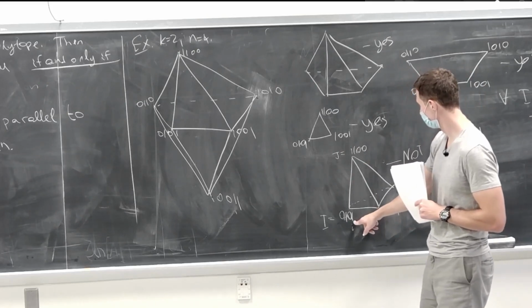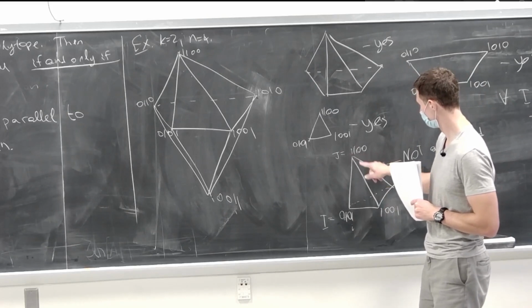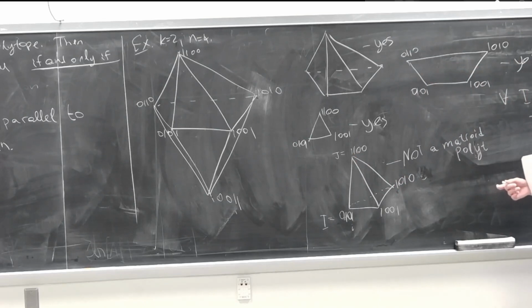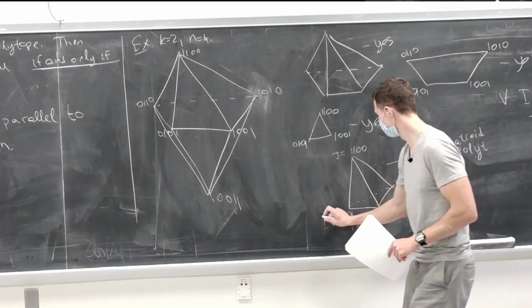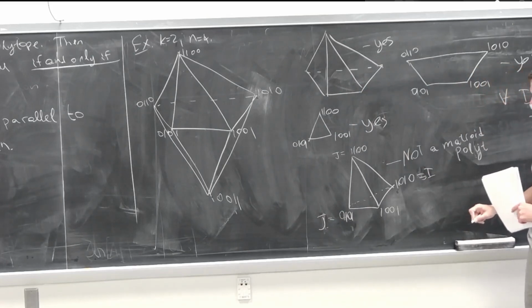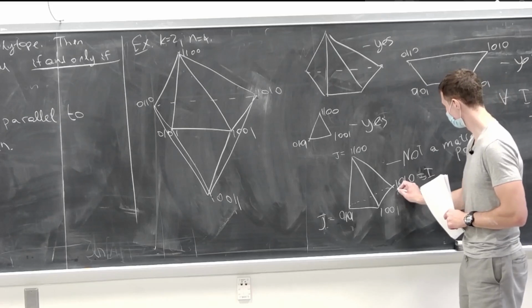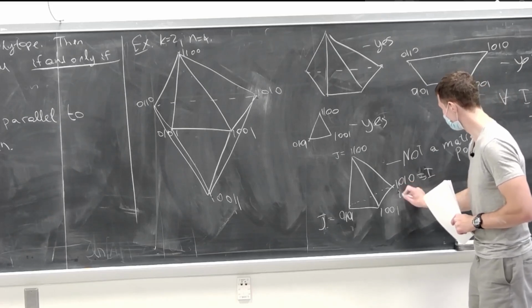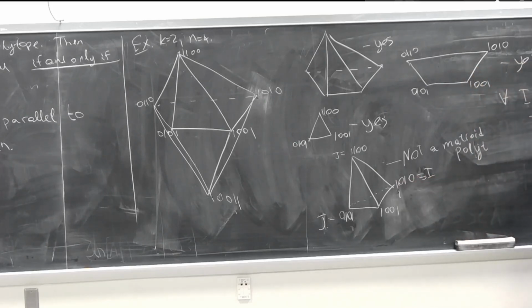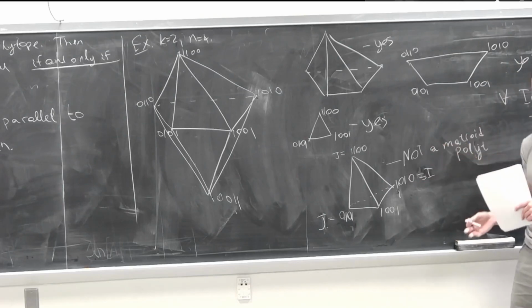So if I remove it, I can add this one here and get a basis. If this is I, right here, I remove it, and I can add either this one or this one, and yeah, that violates. Thank you. Okay, that's good. Indeed, this is not a Matroid polytope.